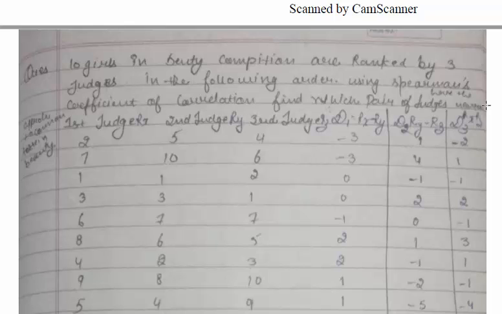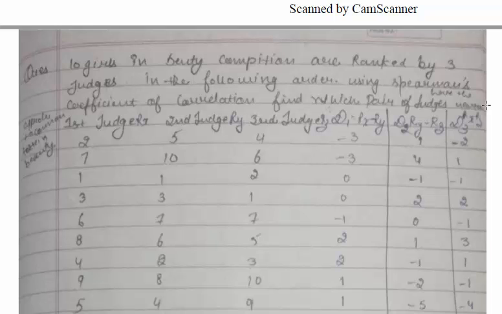To check the same taste of the judges, first we find the rank correlation for judge 1 and judge 2, then for judge 2 and judge 3, then for judge 3 and judge 1.